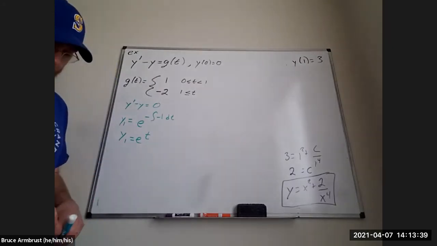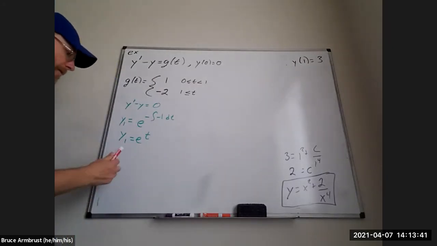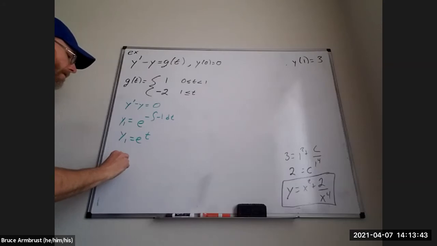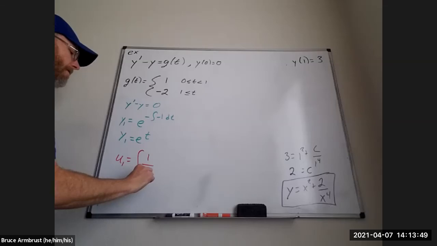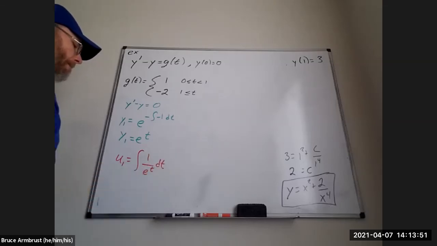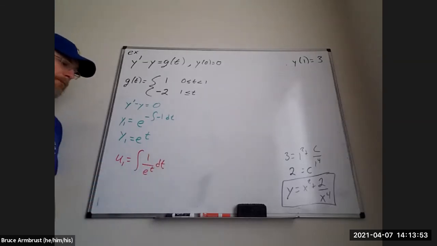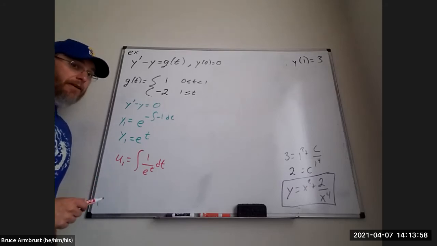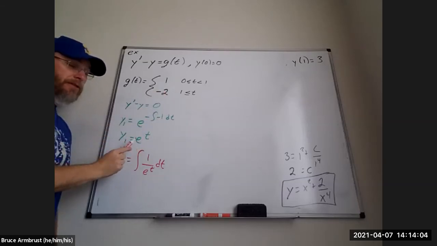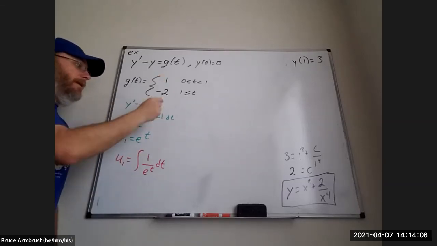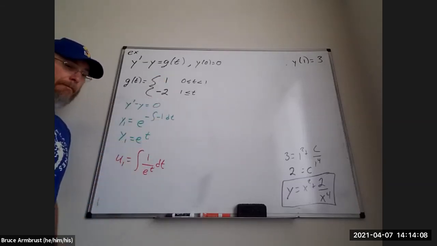So U1 is going to be the integral of 1 over e to the t, because remember how we find our integrating factor. We take the function that we're equal to, and we divide it by the solution to the homogeneous. So we're going to take 1 and divide it by e to the t.